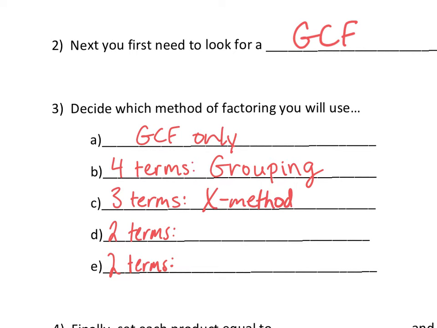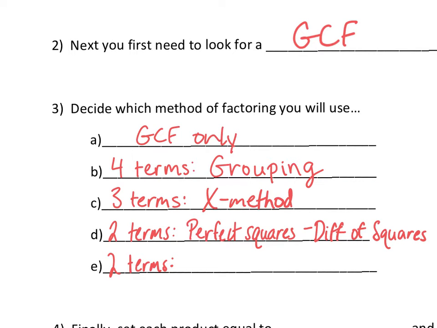If I had both of them as perfect squares and a subtraction sign, what'd you call that? Difference of squares. So that is one of them, difference of squares. Could I have a sum of squares? Nope. Had to be difference of squares, right? Sum did not work with squares. It only works with cubes, which is our last one.